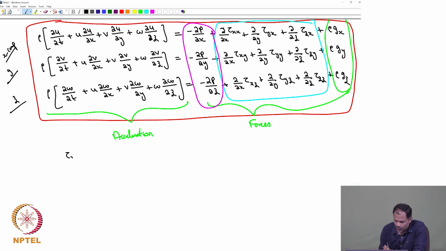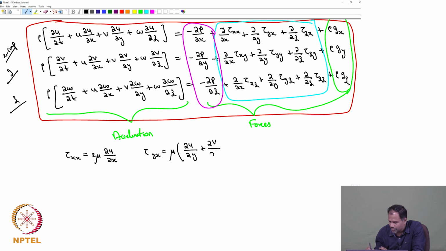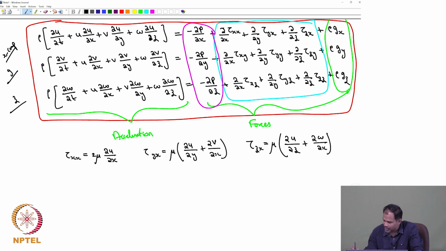So, τxx is nothing but 2μ times ∂u/∂x, τyx is nothing but μ times (∂u/∂y plus ∂v/∂x), τzx is μ times (∂u/∂z plus ∂w/∂x).